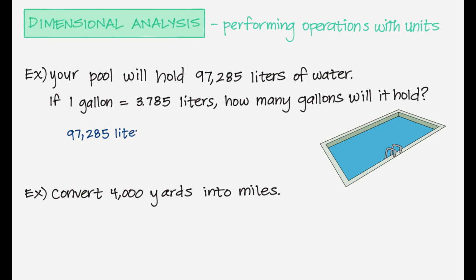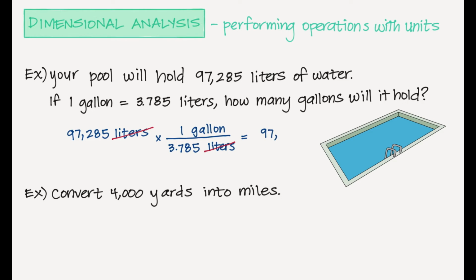So I'm starting with that 97,285 liters, and I'm going to multiply it by the conversion that I'm given. So since I want to get rid of liters, I'm going to put that on the bottom, and you'll see why in just a moment. So 3.785 liters on the bottom and 1 gallon on top, because liters on top and liters on the bottom cancel the units out.